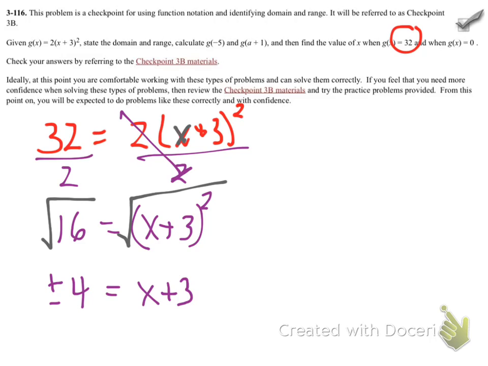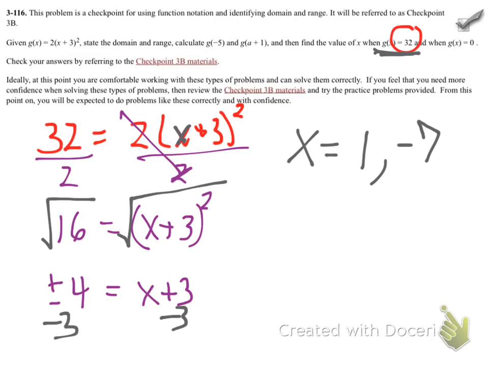My next step then is to subtract 3 from both sides. So x will equal a positive 4 minus 3, which is 1, and a negative 4 minus 3, which is negative 7. So when g of x equals 32, I get those two solutions.